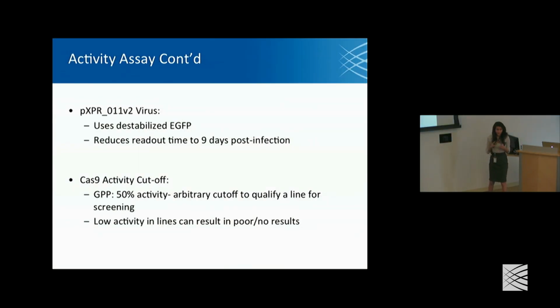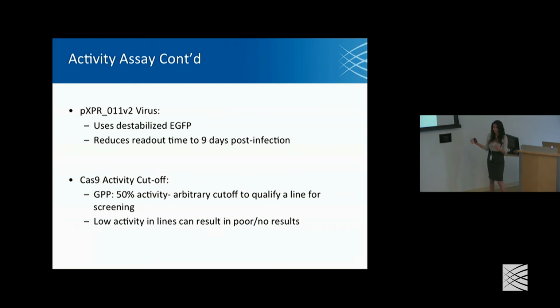As I mentioned, we have 2 versions of the activity assay virus for CRISPR knockout. Version 2 just uses a destabilized GFP, and it reduces your readout time to 9 days post-infection instead of having to take multiple time points out. GPP assesses activity by establishing a 50% arbitrary cutoff.